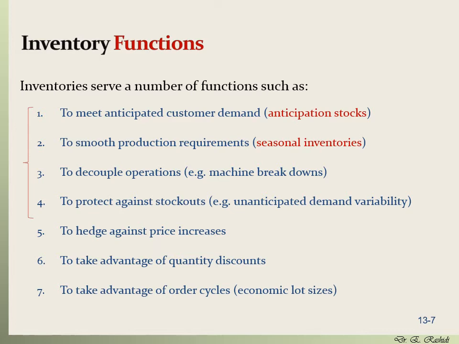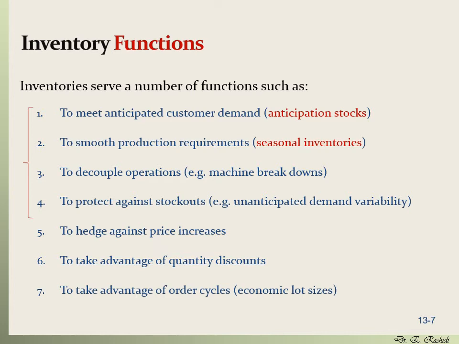Inventory can also be used to hedge against price increases. If a firm anticipates a huge increase in the price of a product or a raw material, they might purchase a bulk of it and put it in inventory so that they can save money if the price increases. Another function is to take advantage of quantity discounts.